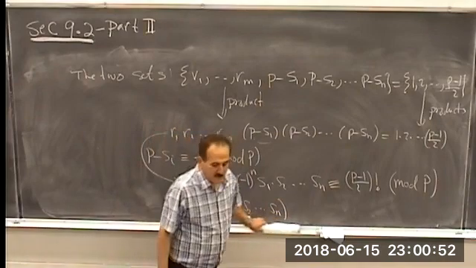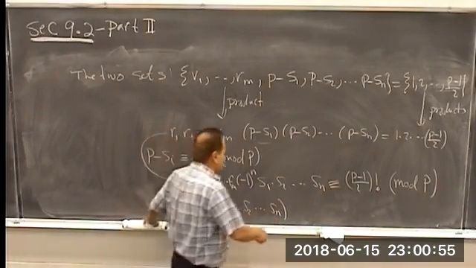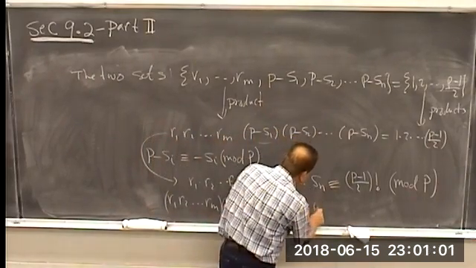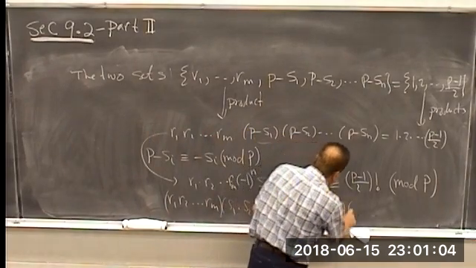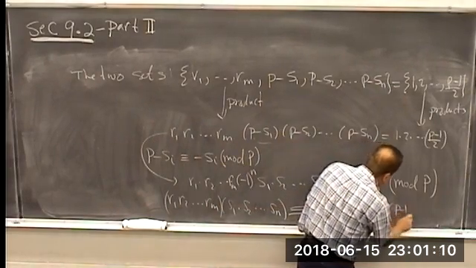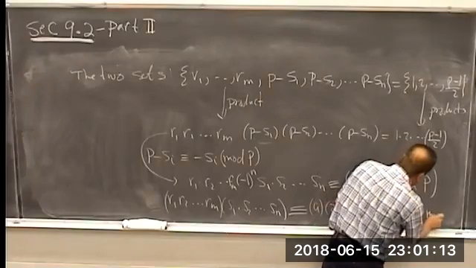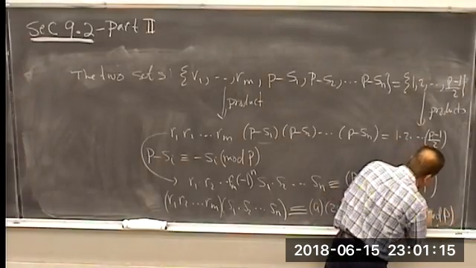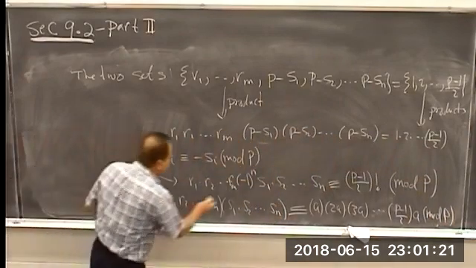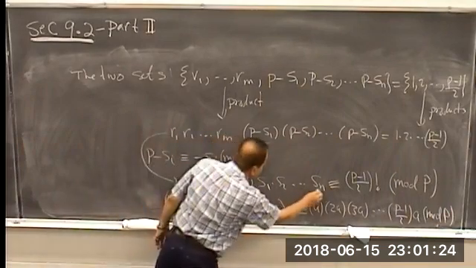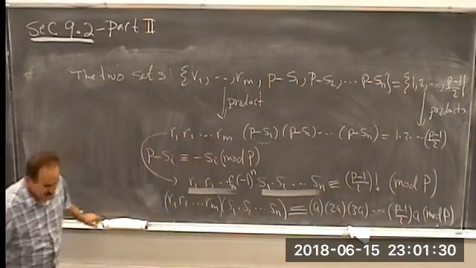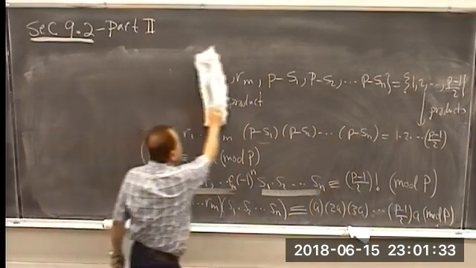These are congruent to a times 2a times 3a up to ((p−1)/2)a mod p, right, because these are the remainders. Now I want to replace the R's and the S's by the product of a, 2a, and so on. We're getting there. It's almost done.